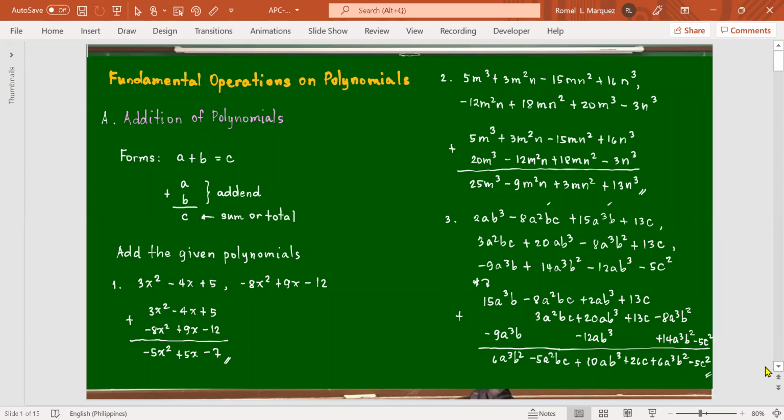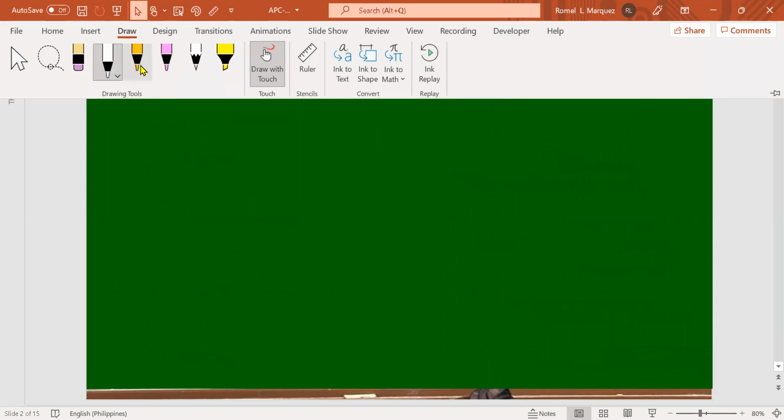Okay, so that's it. So letter B, we have subtraction of polynomials. So for subtraction of polynomials, we have the following forms.